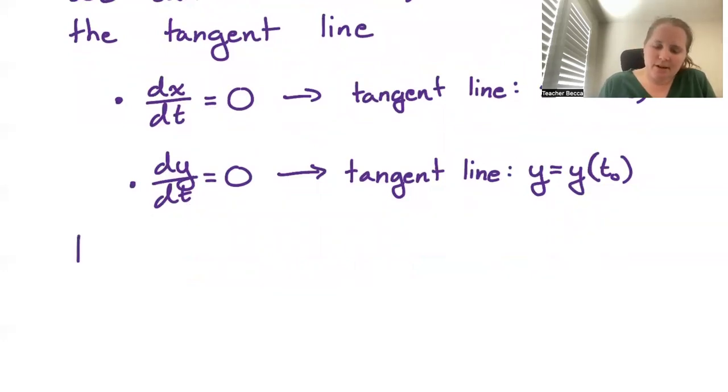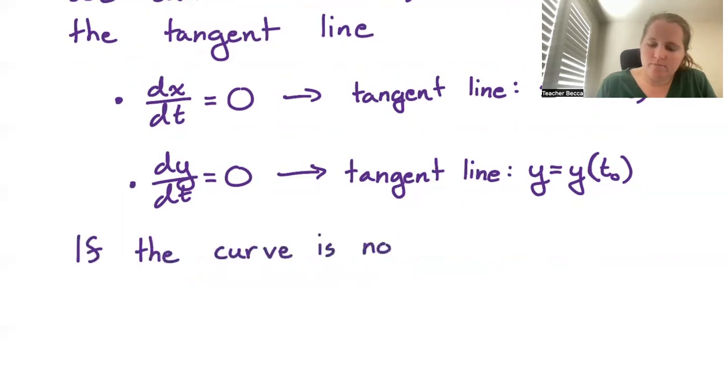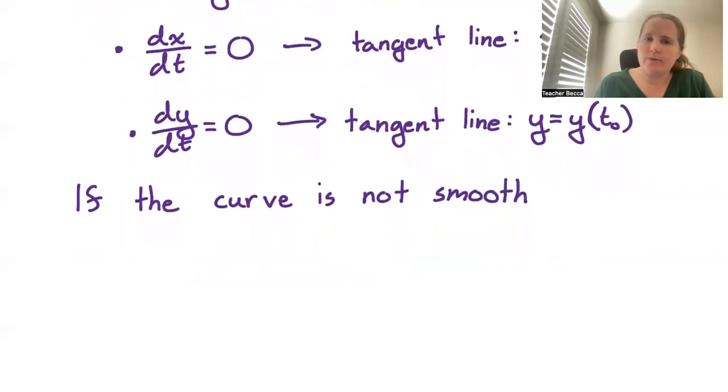If the curve is not smooth, it may still be that there is a tangent line.